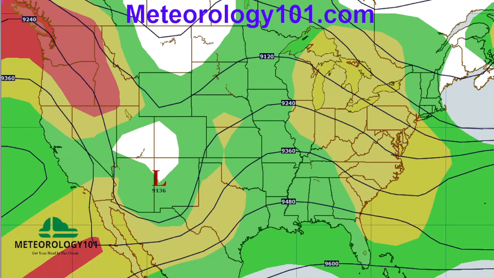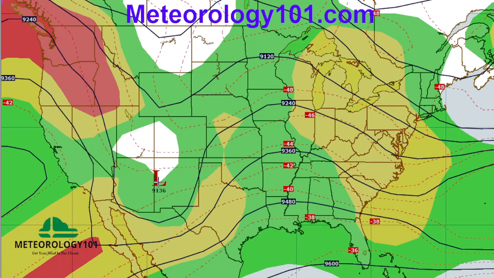Typically we don't get that much color, but we got an open low now. We do have thermal advection to the east of that low. There's a thermal trough. Here's the deep trough. It is a major shortwave in the upper levels, so the computer's placing a low there. It's not closed off, but it is a deep, very deep low pressure system.